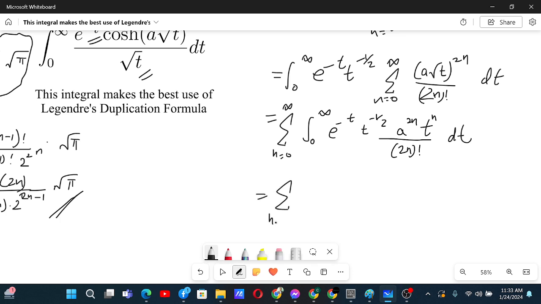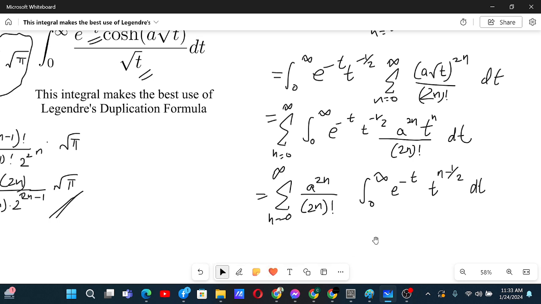Constants are a to the power 2n and (2n)!. If we take this out, we will have the integral from 0 to infinity of e to the power minus t, t to the power n minus 1 by 2 dt.